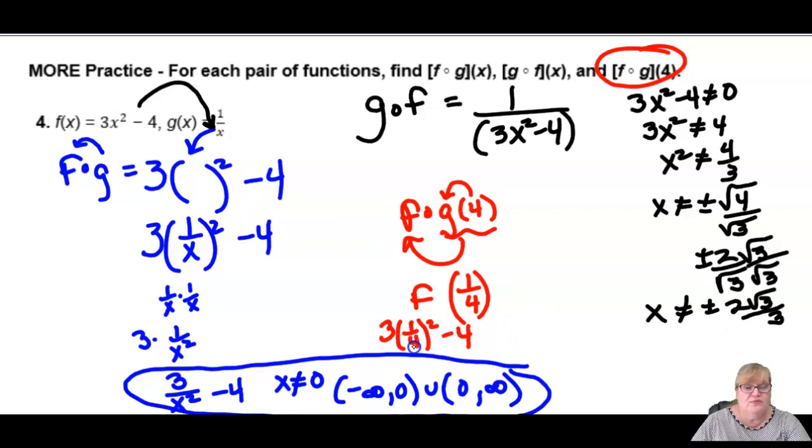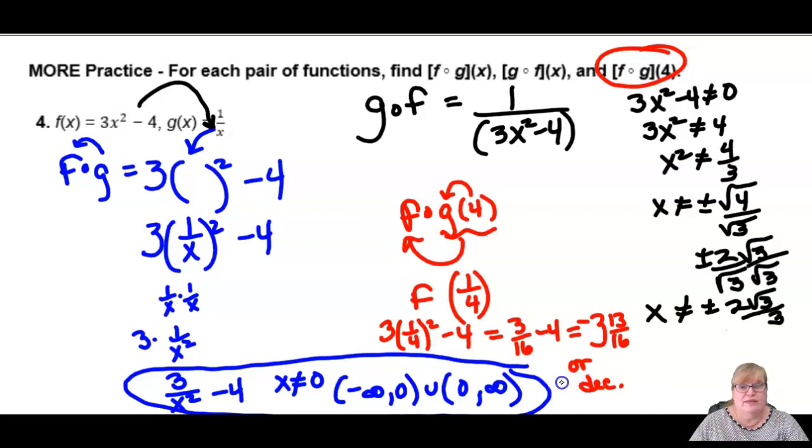1/4 times 1/4 is 1/16. Times 3 would be 3/16. Minus 4. If you type that in and do a math enter, you will get -3 and 13/16 or some decimal. I don't even know what that decimal is.